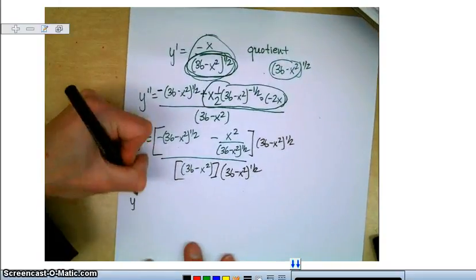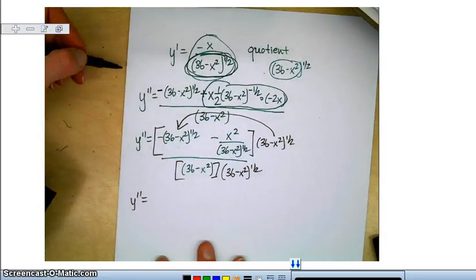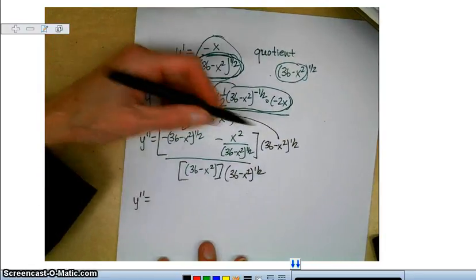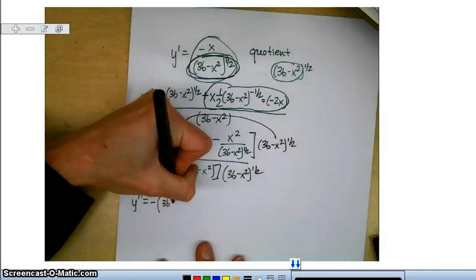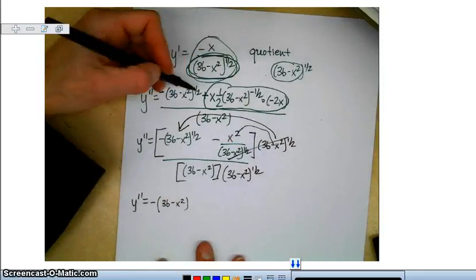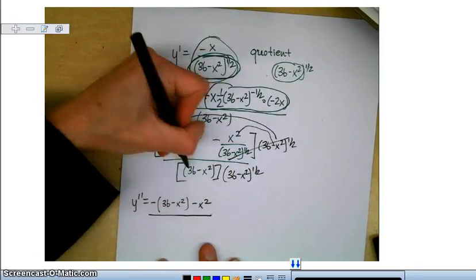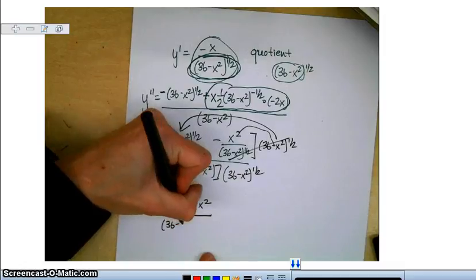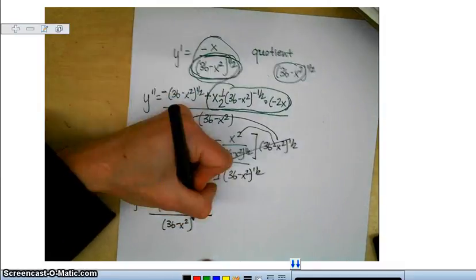Okay, so y prime prime is, if I distribute this times this, a square root times itself, negative quantity 36 minus x squared. And then this times this, minus x squared. And the power on the bottom, 36 minus x squared to what power? 1 plus 1/2. 3/2.